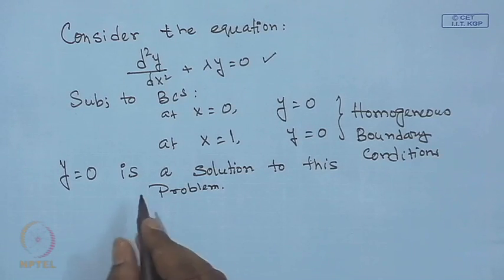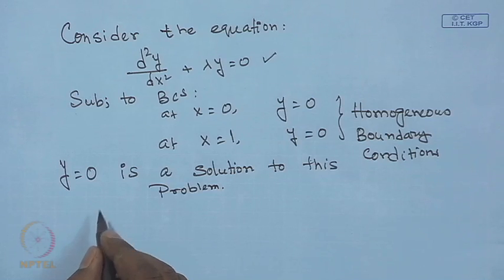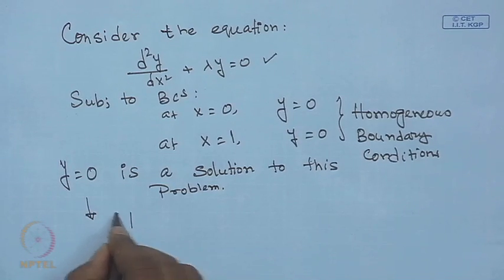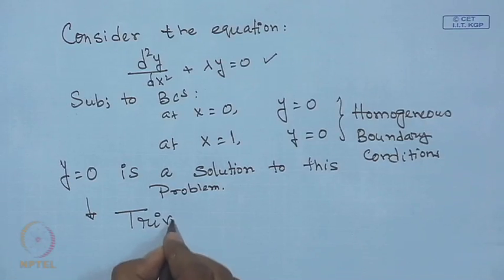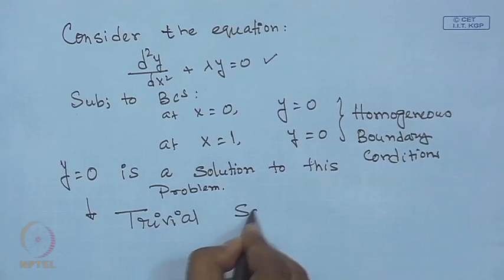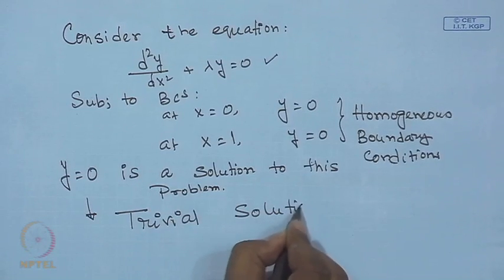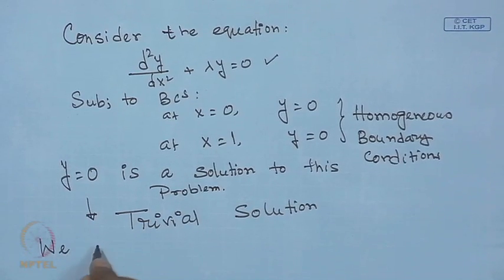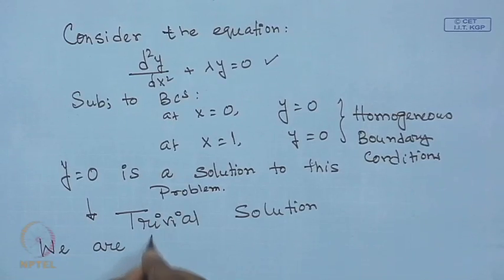This solution is known as a trivial solution. y is equal to 0 is of course a solution, but it is trivial, and we are not looking for that. What we are looking for is a non-trivial solution.